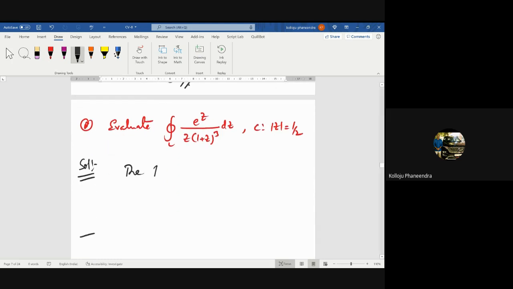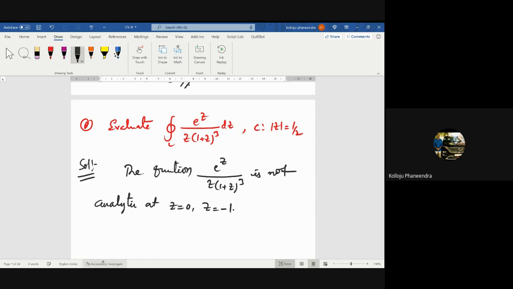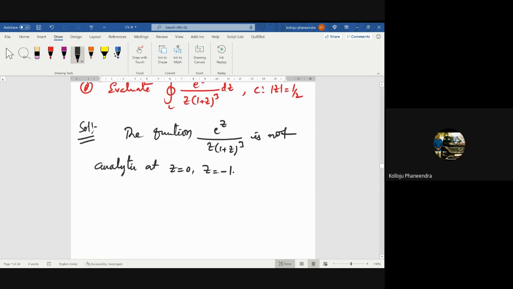First, the function e^z by z(1+z)^3 is not analytic at z = 0 and z = -1.